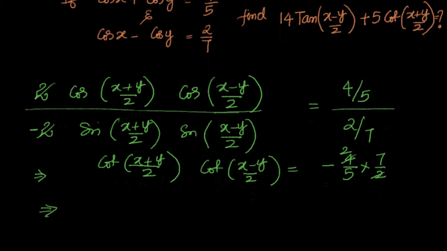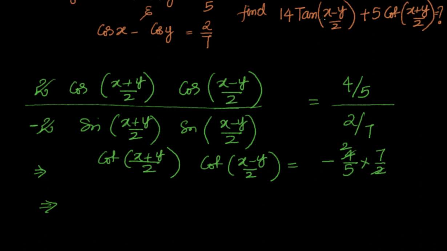We seem to be reaching. Now I have to have tan (x minus y)/2. So this is nothing but equal to minus 14 by 5. If I do cross multiplication, what happens? 5 into cot (x plus y)/2, and I can bring cot (x minus y)/2 this side.